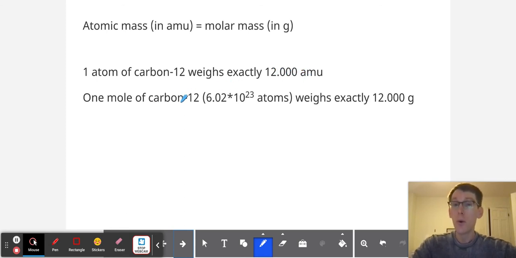And so a mole of carbon 12 atoms, which is a lot of them, it's Avogadro's number of them, will weigh exactly 12.000. But notice it's grams, not AMU. So an atom will weigh a certain number of AMU. A mole of atoms, or 6.02 times 10 to the 23rd atoms, will weigh the same number but in grams.